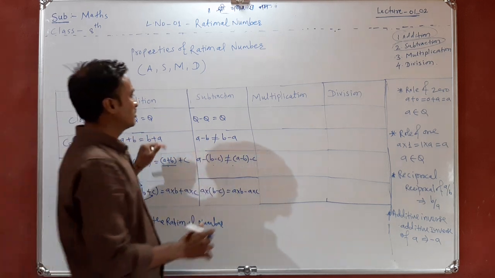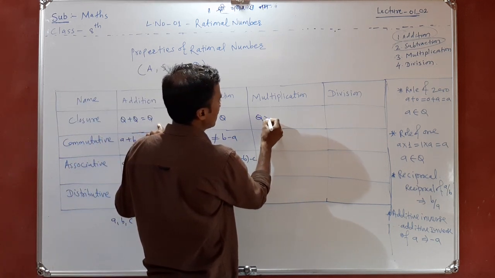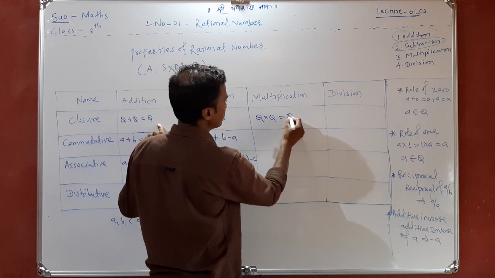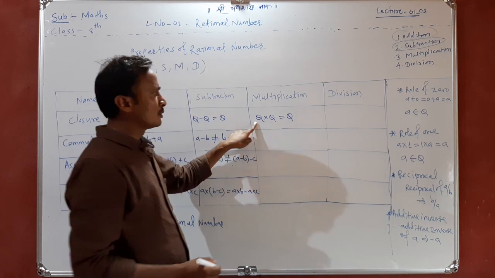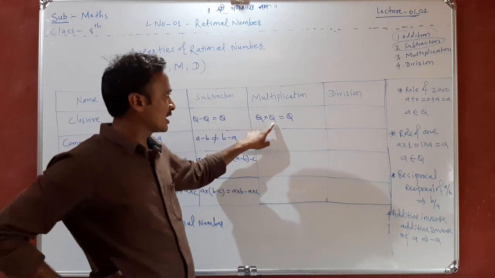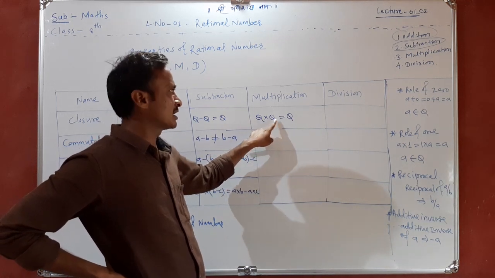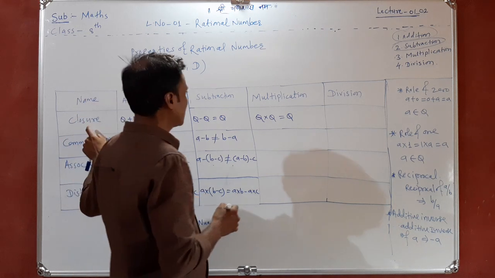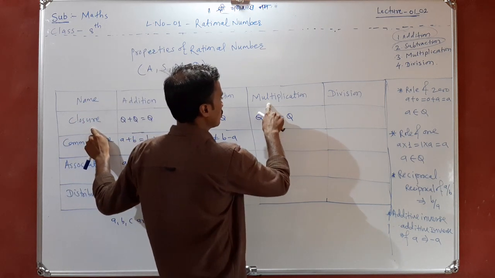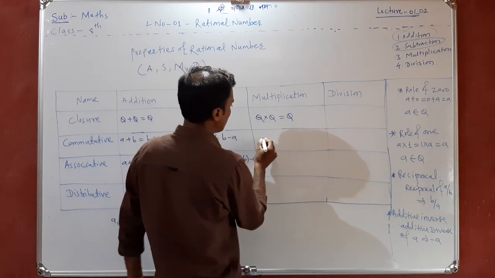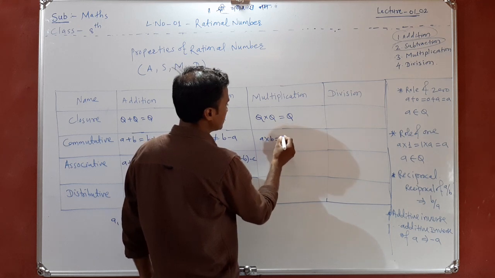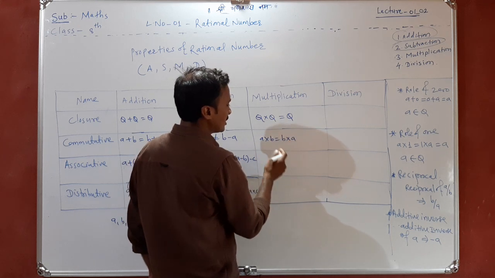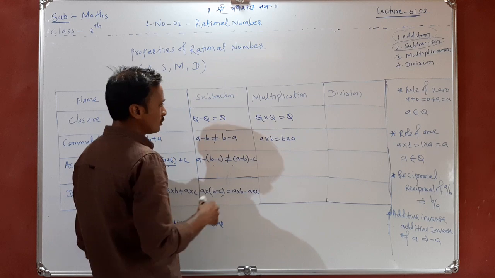Now after that, see multiplication: Q multiplied by Q is always Q, means कोई भी रैशनल नंबर को रैशनल नंबर के साथ में मल्टीप्लाई किया जाता तो आपको क्या मिलता है यहाँ पे, रैशनल नंबर. It means that the closure property also holds true for multiplication. Now a multiplied by b is equal to b multiplied by a, this is also true.